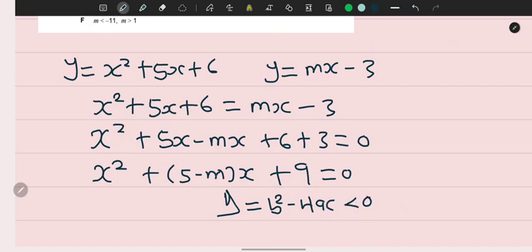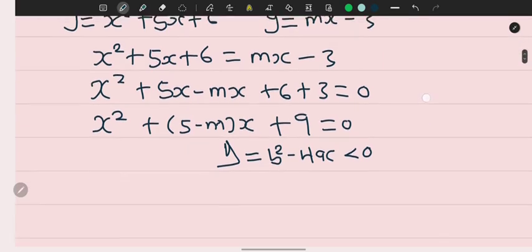What that means is there is no solution, there is no contact between the functions. And the only discriminant that shows that a root does not exist is b squared minus 4ac less than 0.